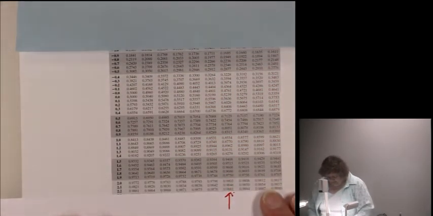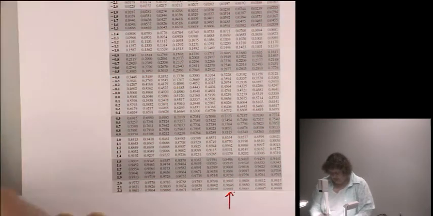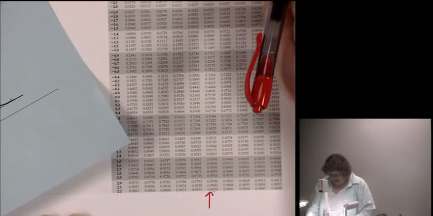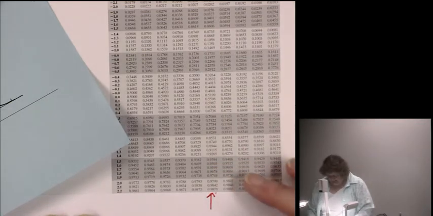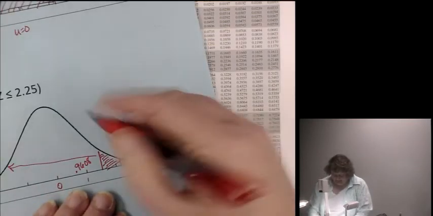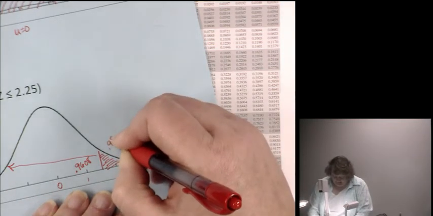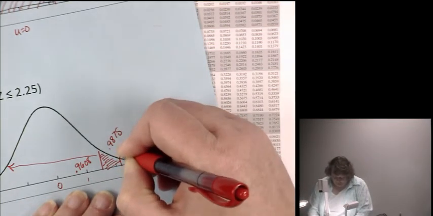And looking up then 2.25, 2.2, and then coming down the 5 column gives me 9878, which would be from this mark all the way back.